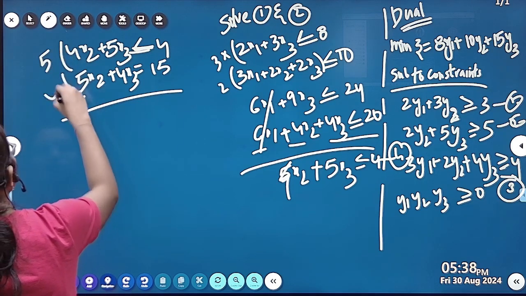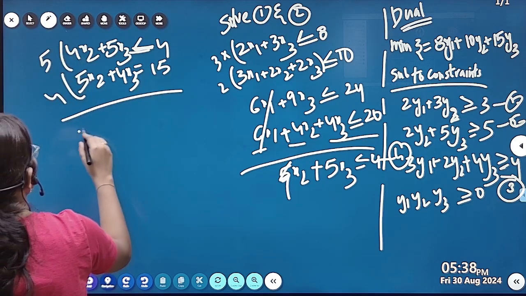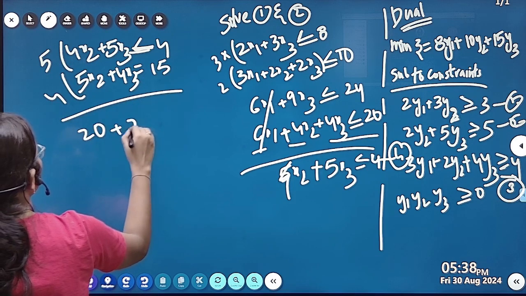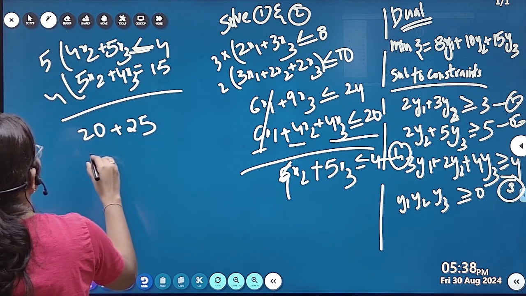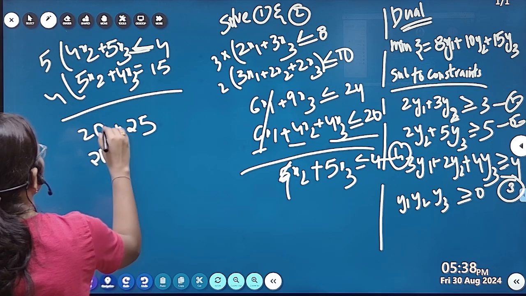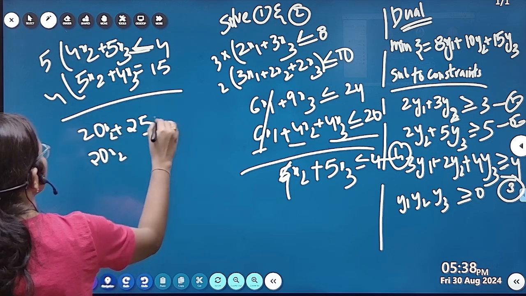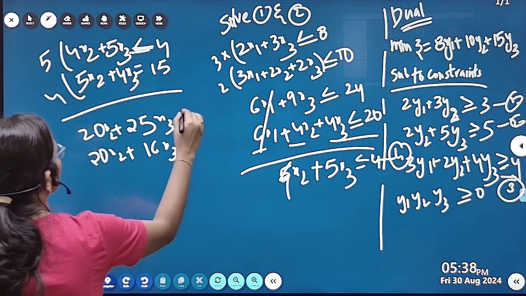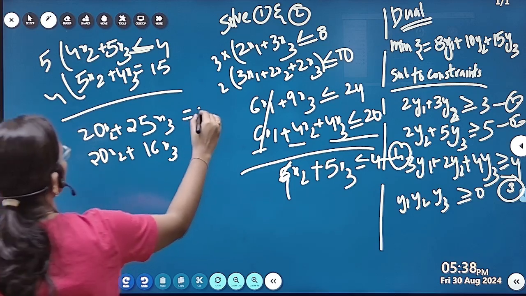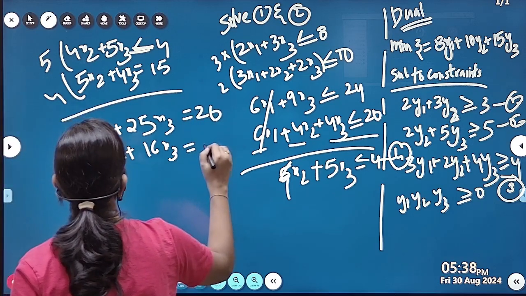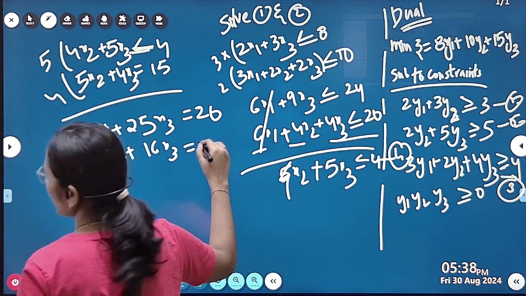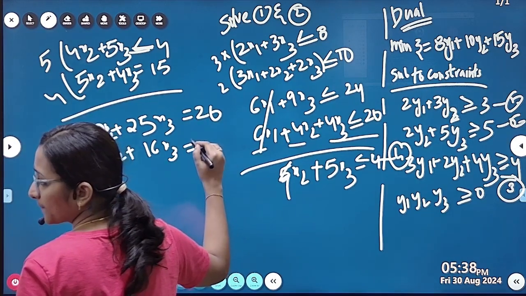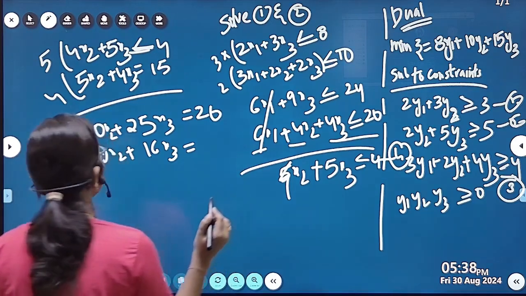And this is into 4 and this is into 5. 20, 25, 20x2, 16x3. So it is equal to, 5 4s are 20. 4 15s are how much? 45. 60, right? 60.